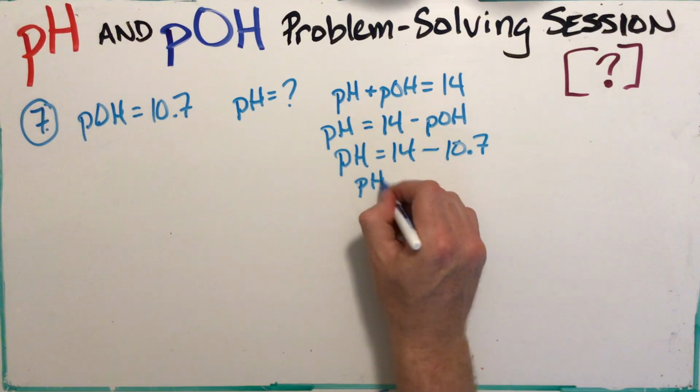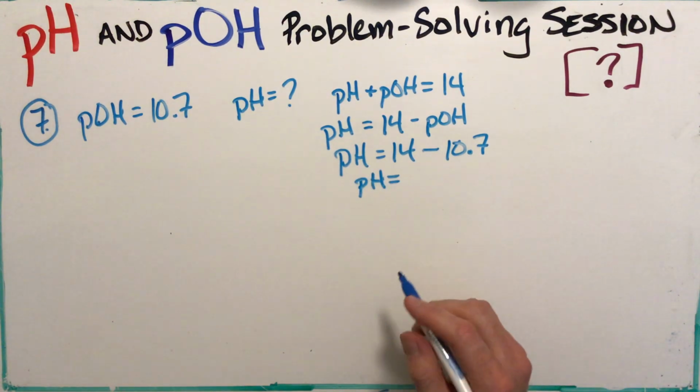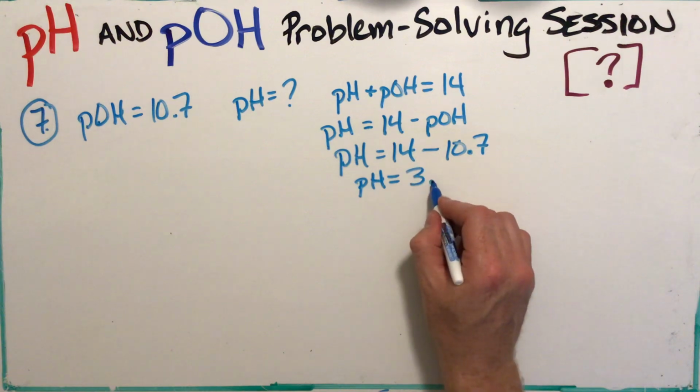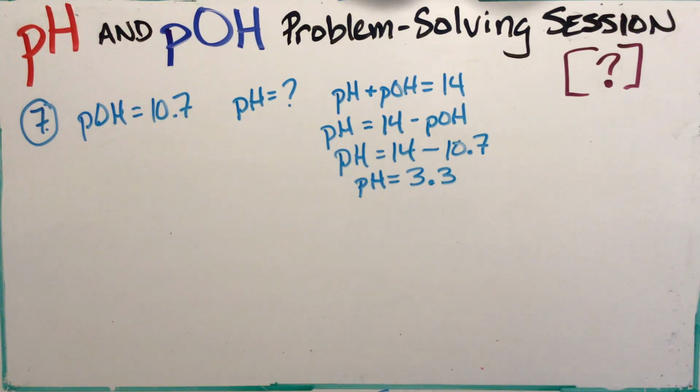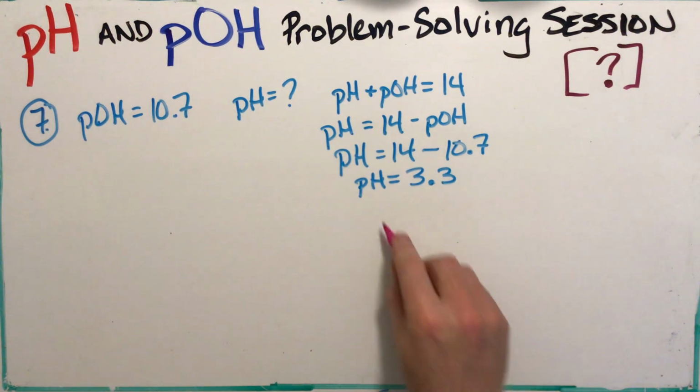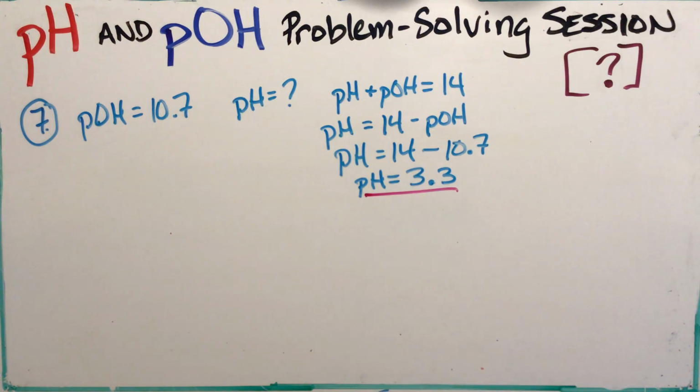And that means that the pH is equal to 3.3. And 3.3 is my final $1 million answer. All right. That was a nice, easy one.